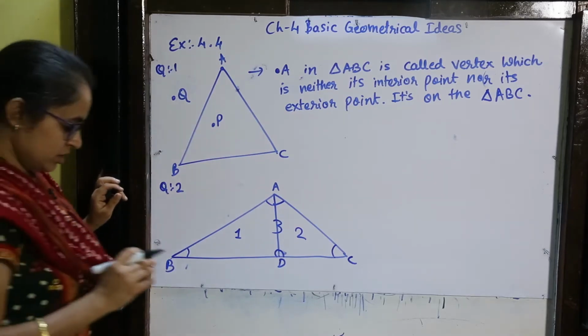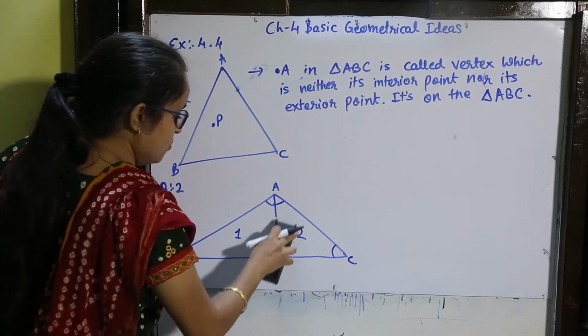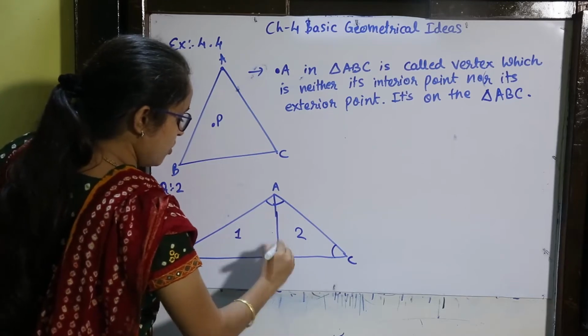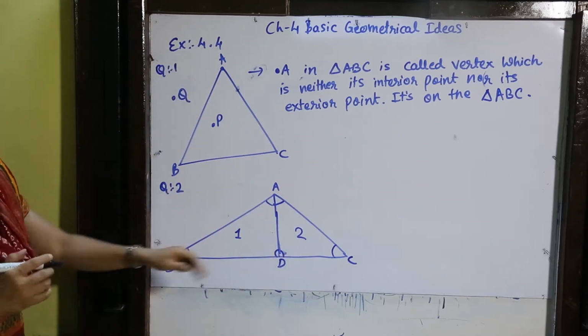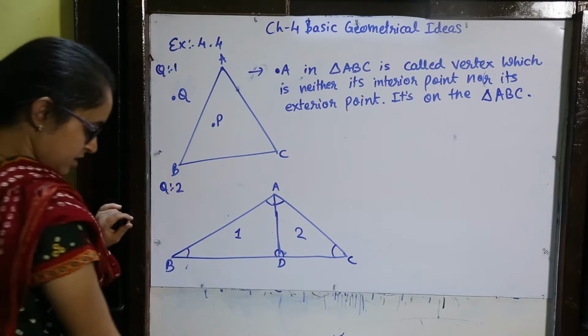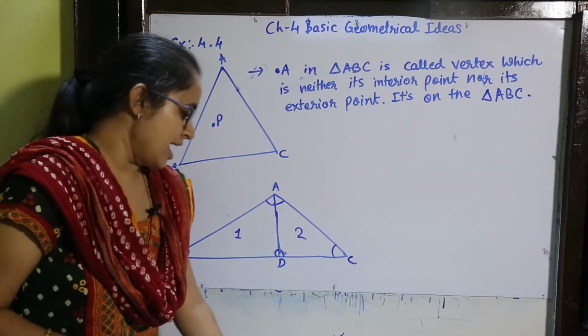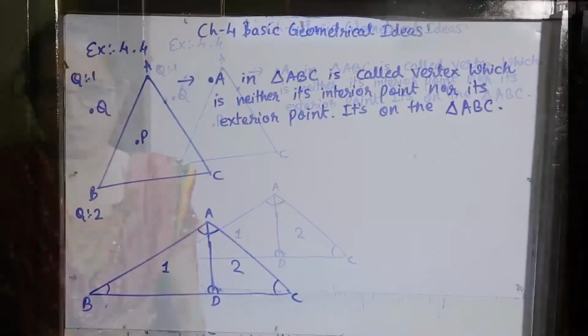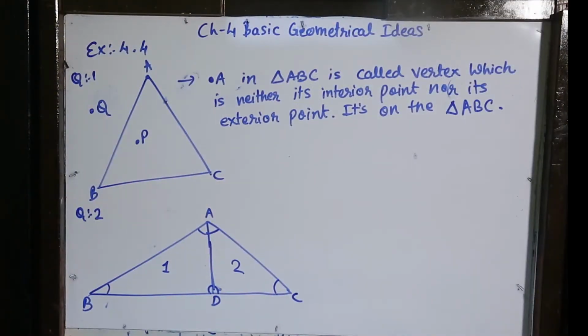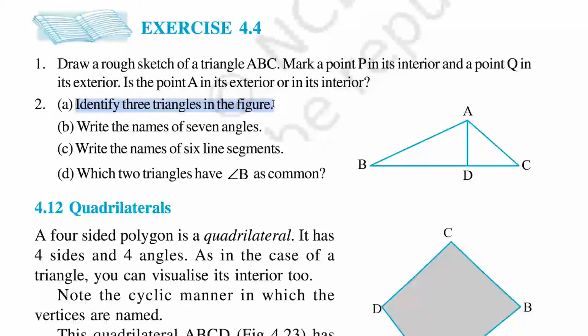So I am writing the answer on the board. First you draw this figure neatly, and then I will write down things which have been asked. Okay. Identify the 3 triangles in the figure. So first I am writing 3 triangles.